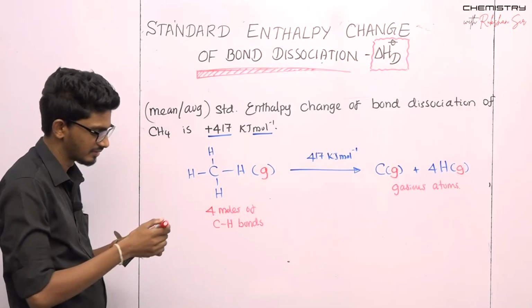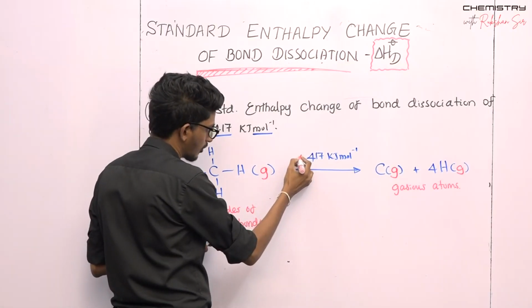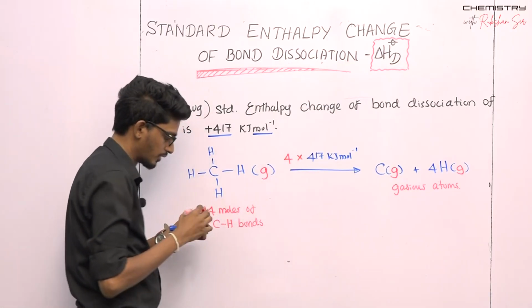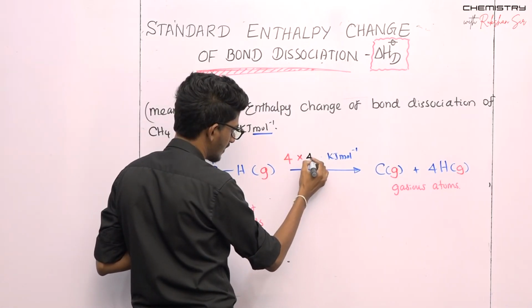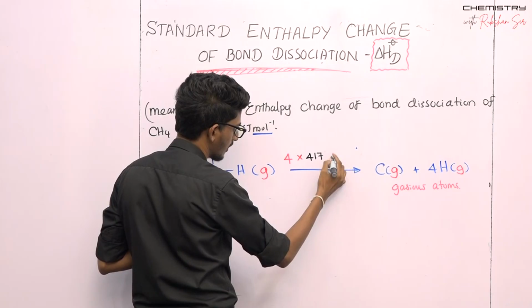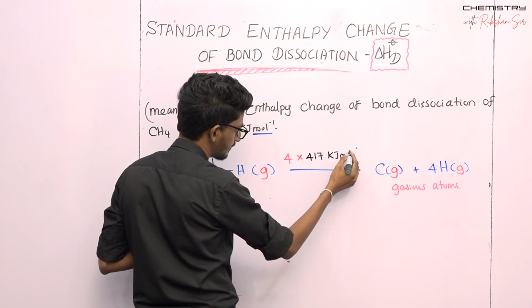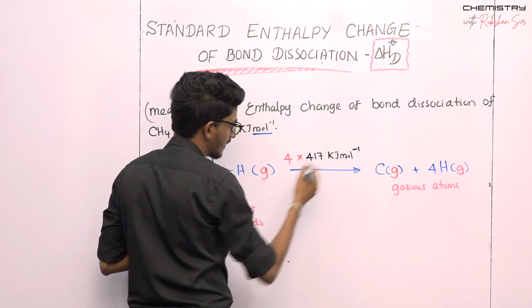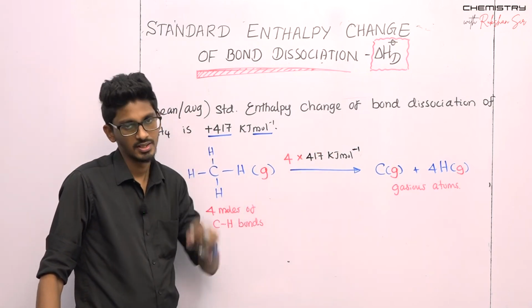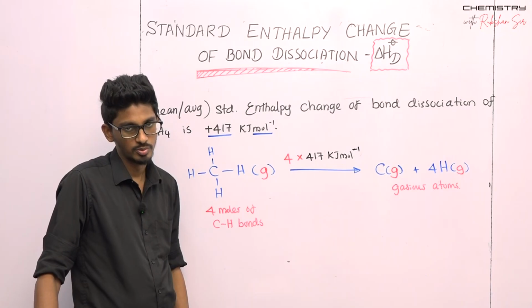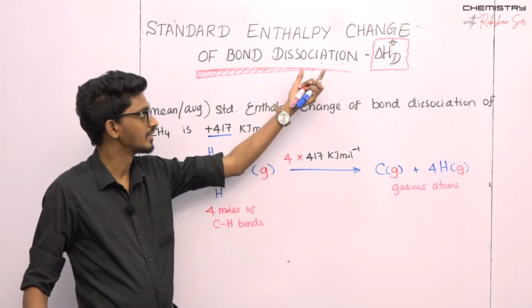So you need to multiply this by 4. That is going to be your energy change: 417 kilojoules per mole times 4. Here the kilojoules per mole value is per 1 gaseous bond to break. This is all about bond dissociation enthalpy.